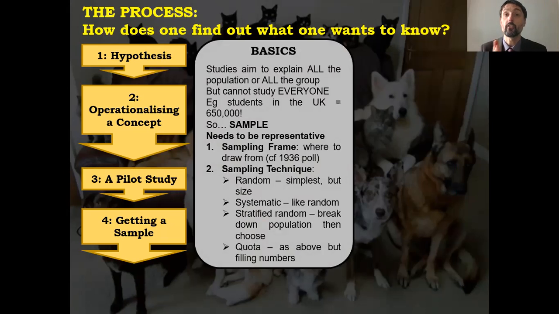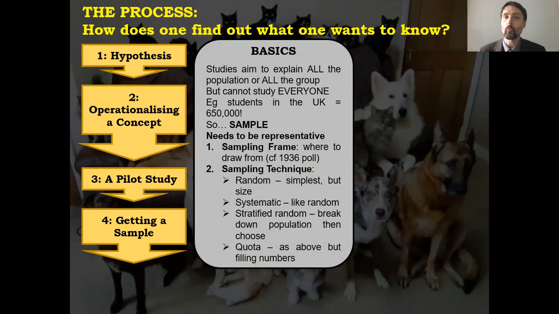Sometimes, like Stacey, for example, with the divorced extended family, they're finding something very specific, very small, that might not be generalizable anywhere, but is interesting in and of itself because it tells us more diversity than we previously thought. So most studies, generally speaking, attempt to explain all the population, or at least all of one particular group or all of one particular area.